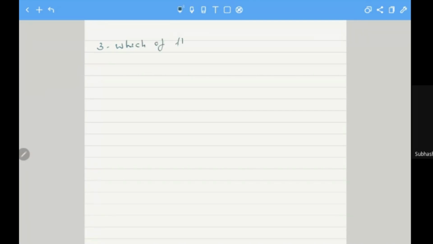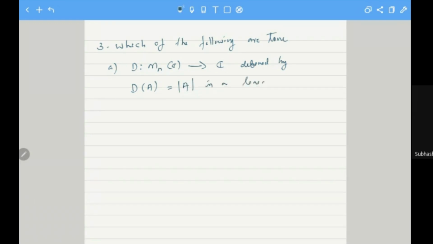Which of the following are true? Option A: D from Mn(C) to C defined by D of A equal to determinant of A is a linear transformation.